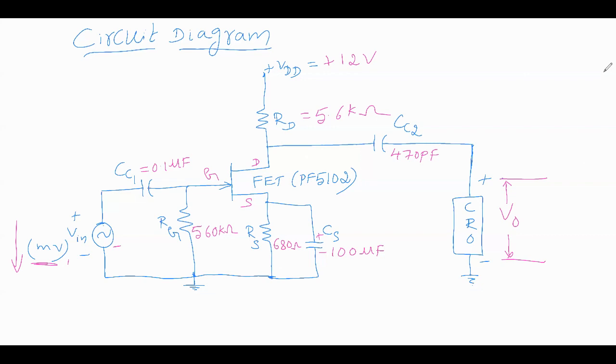For increasing input, the output should also increase; for decreasing input, the output should decrease accordingly. That is called linearity, and the output must be the amplified version of the input signal. That's very important.